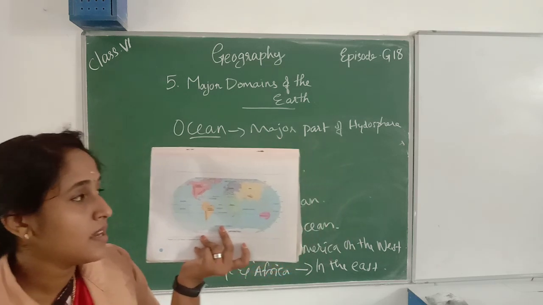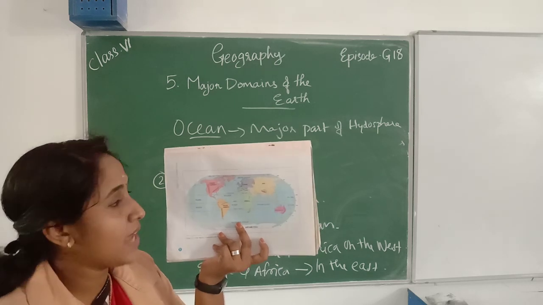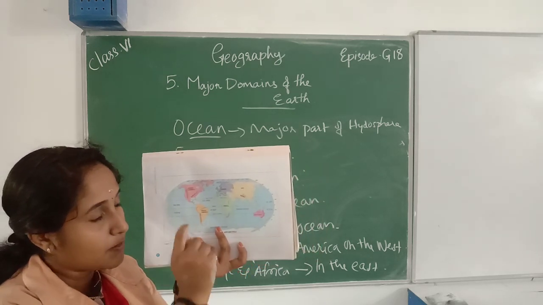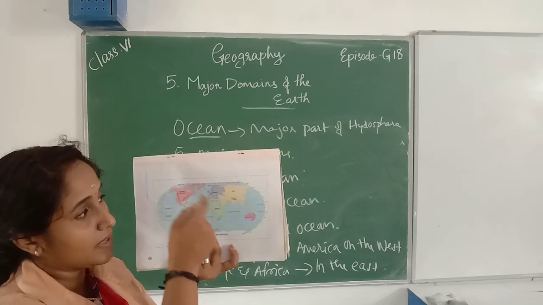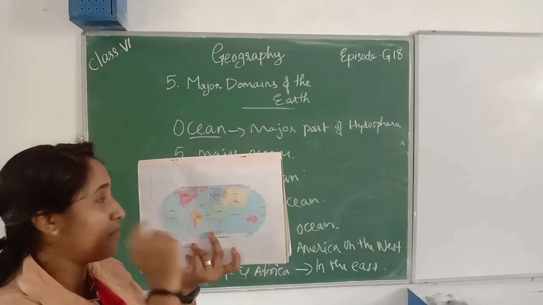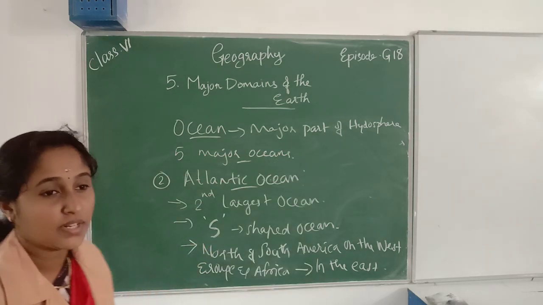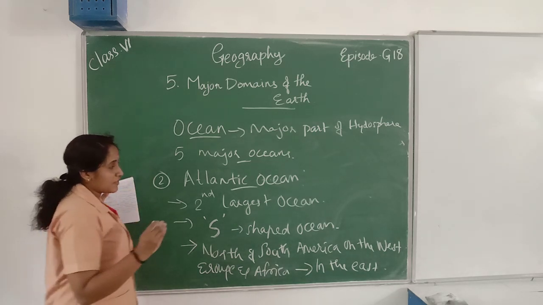In the east, we can find the European continent and Africa. The east side of the Atlantic Ocean is surrounded by Europe and Africa. Clear?